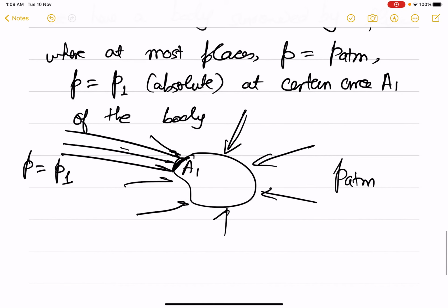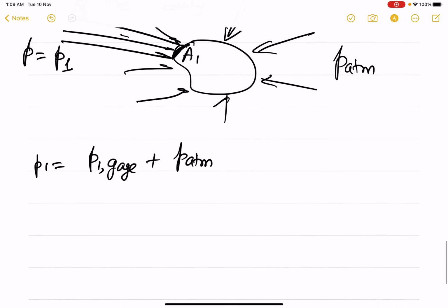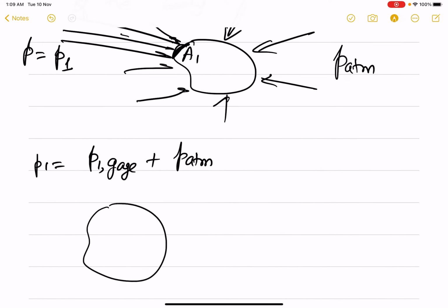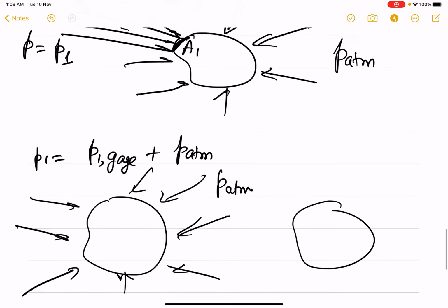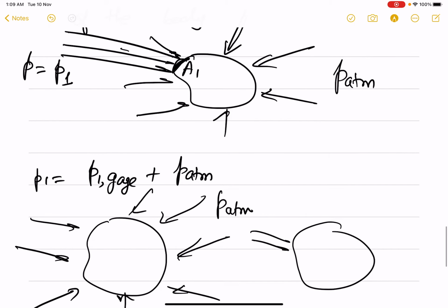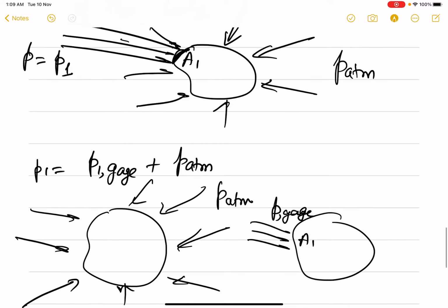So we can write P1 is equal to P1 gauge plus P atmosphere. Now this pressure on the body can be divided into two parts. One part is P atmosphere all around acting on the body, and on the area A1 we have P gauge.